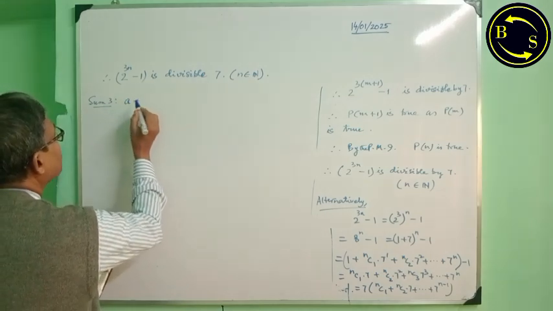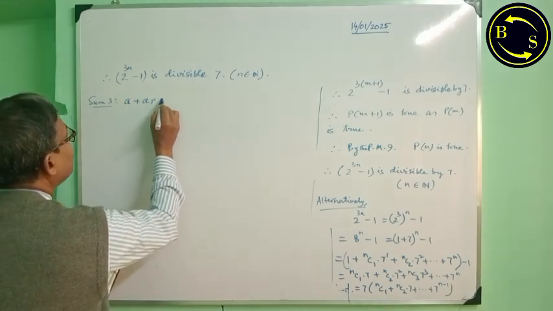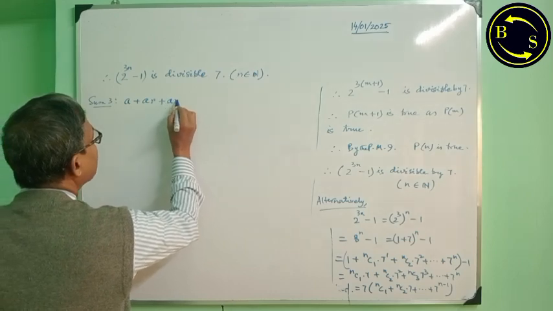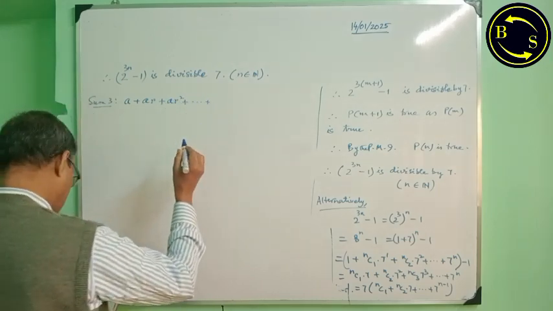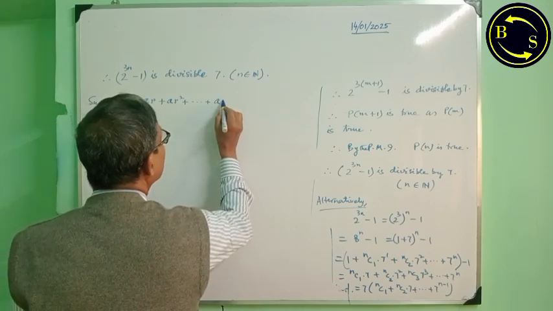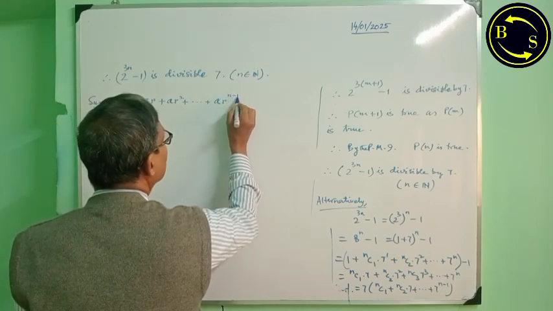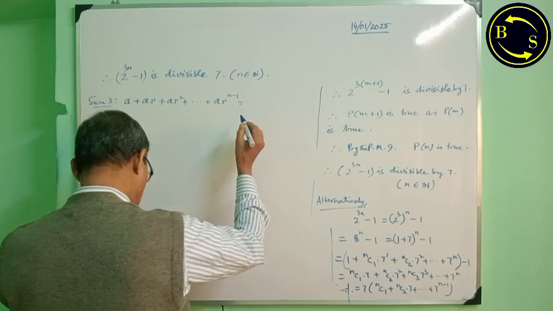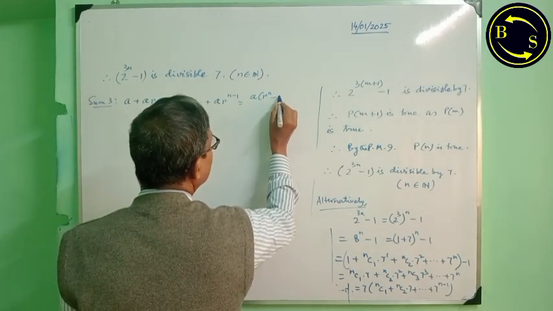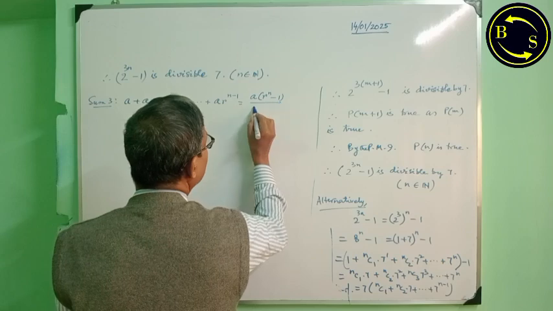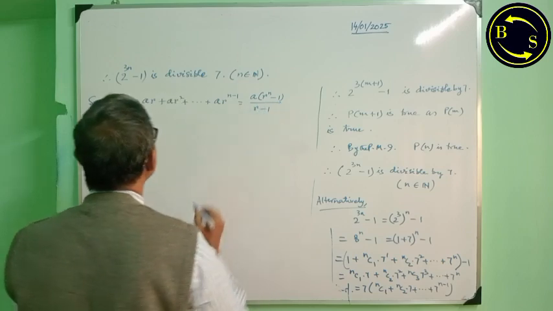A plus AR plus AR square plus AR to the power n minus 1 is equal to A into R to the power n minus 1 by R minus 1.